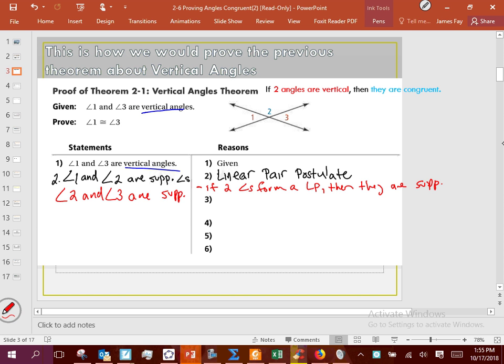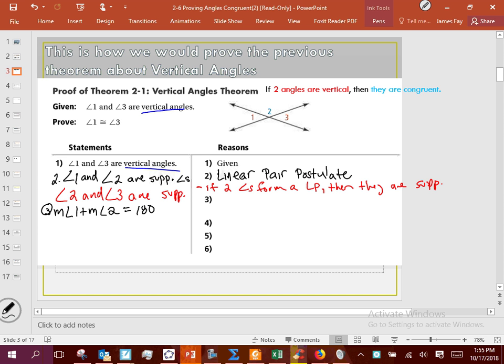If angle 1 and angle 2 are supplementary, that should allow us to write the measure of angle 1 plus the measure of angle 2 equals what? 180. Okay? So that statement is the third statement in that cluster that we talked about yesterday. We're just seeing that cluster happening twice here for us.